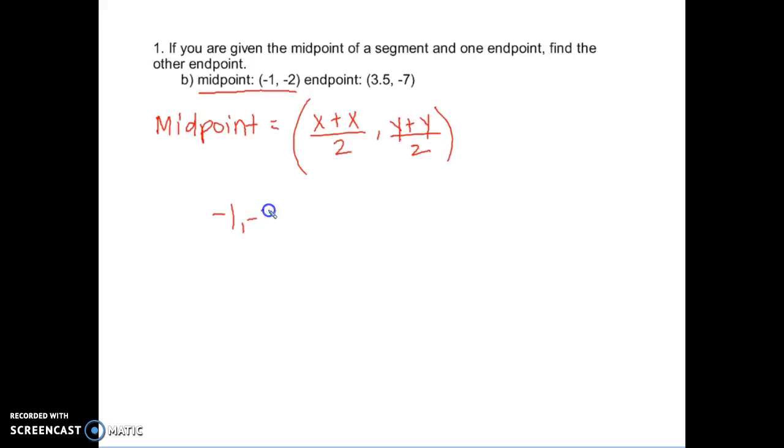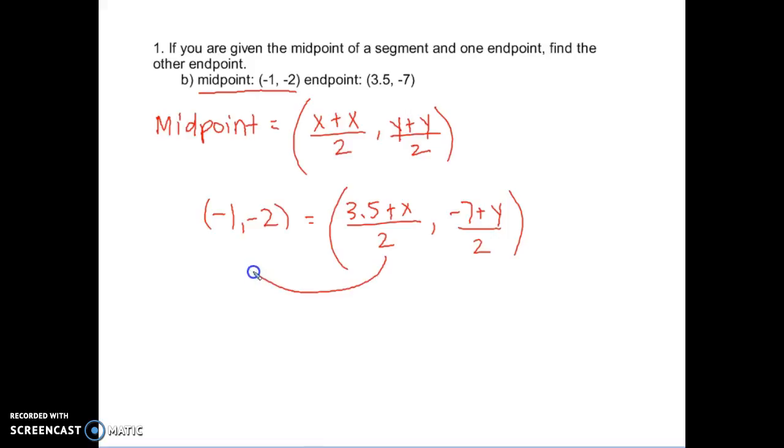So I have -1, -2 equals (3.5 plus x)/2 and (-7 plus y)/2. Well, now I know that 3.5 plus x over 2 has to equal -1, and -7 plus y over 2 has to equal -2.